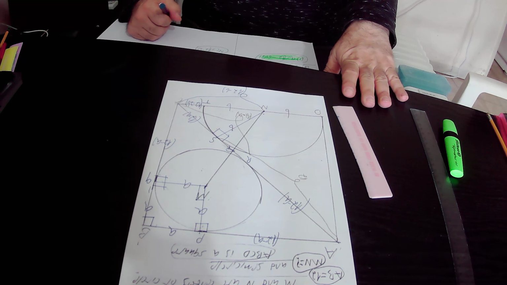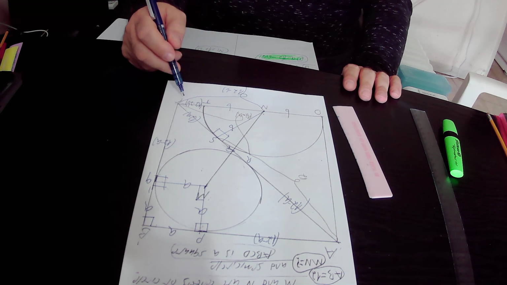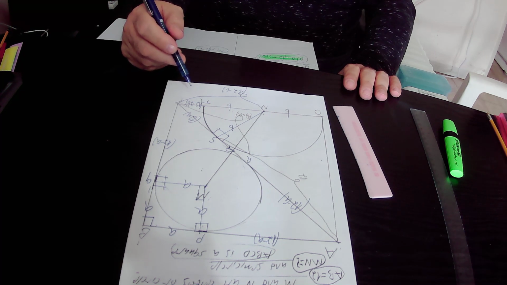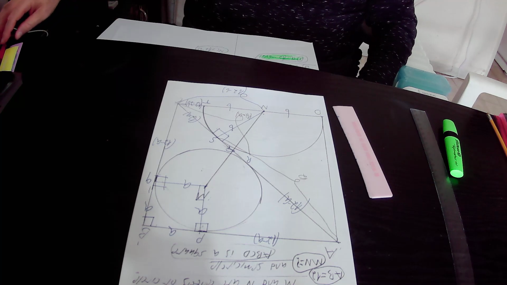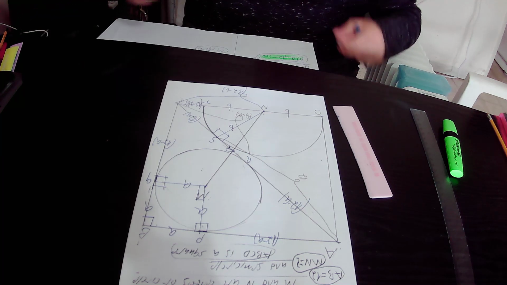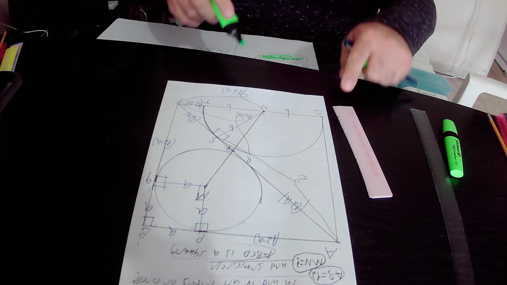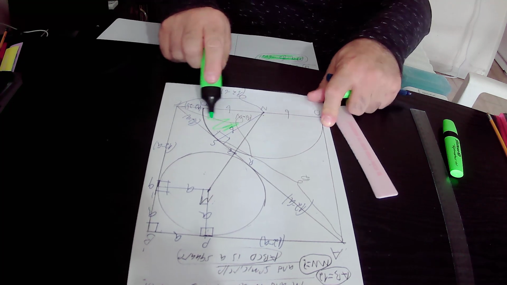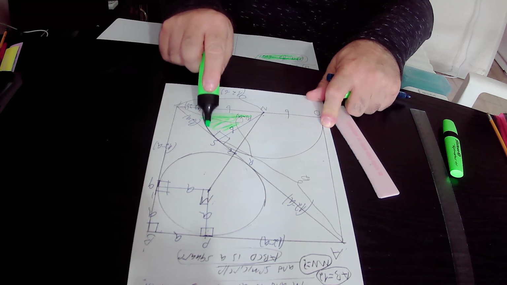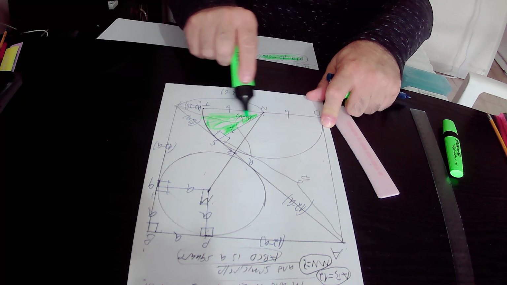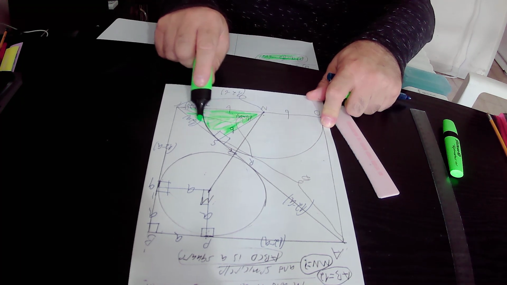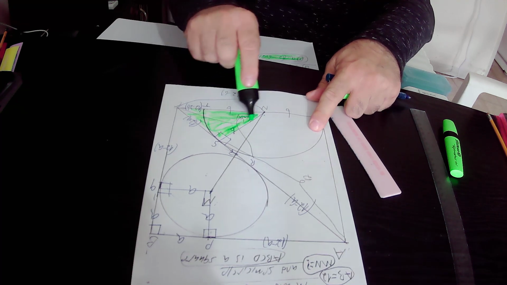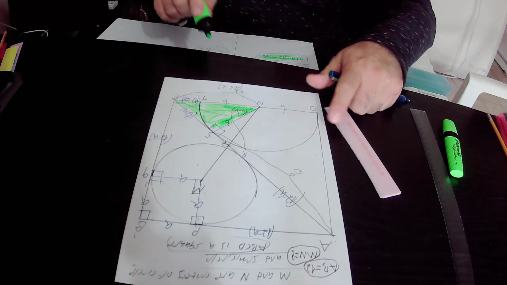Okay? And because angle NSC is a right angle, it means that triangle NSC is a right triangle. So we will focus on the right triangle NSC, and we will implement the Pythagoras theorem on the right green triangle NSC.